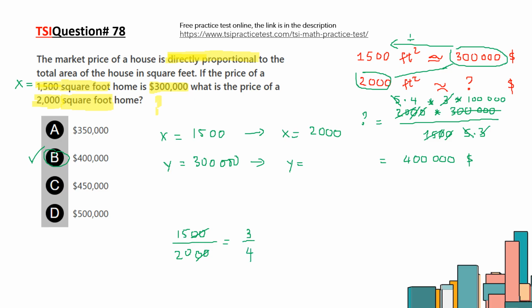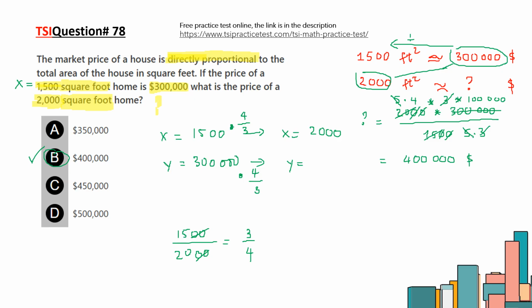So 3/4 means here you will have 1,500 multiplied by 4 divided by 3. Multiplying by 4, you will have 6,000 divided by 3 is 2,000. So this one directly proportional, you will multiply with the same factor.